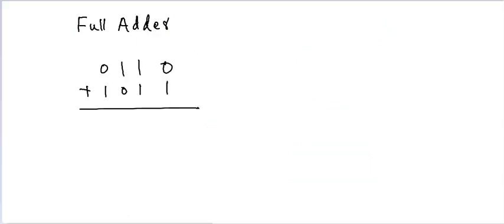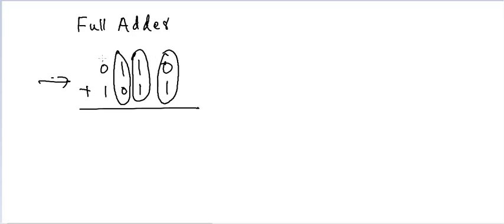Okay, let me explain a little bit more about the full adder. See, in an addition like this, we have these bits that are going to be added, and in each case we might get a carry also, right? So we may end up having 3 bits to add here, 3 bits to add here, and 3 bits to add here.